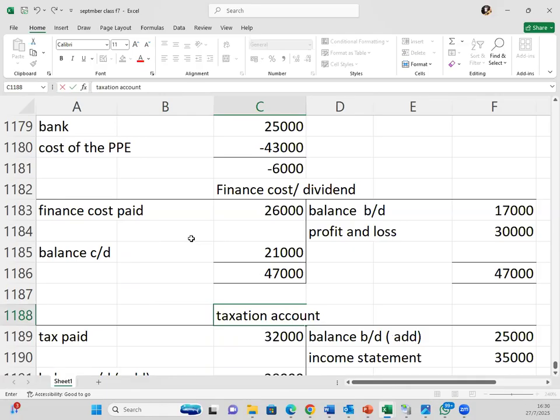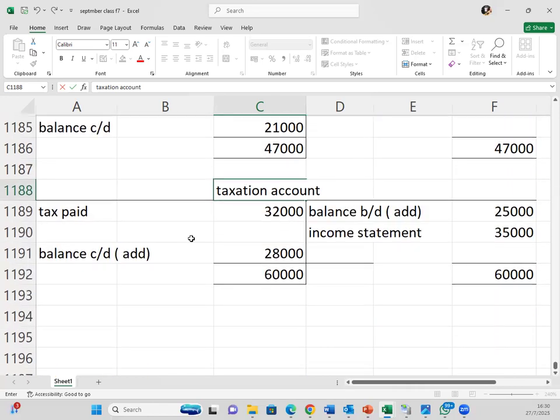So remember, the asset could be a leased asset. So if we are leasing the asset, the lease payments are part of the financing activities.